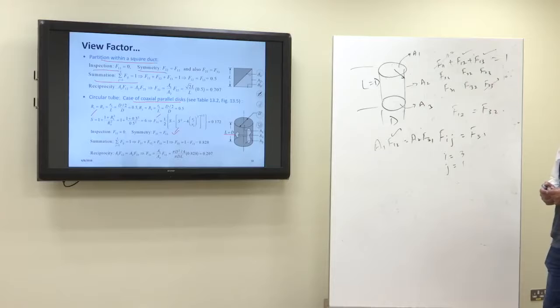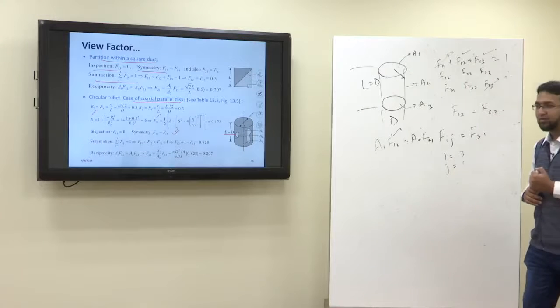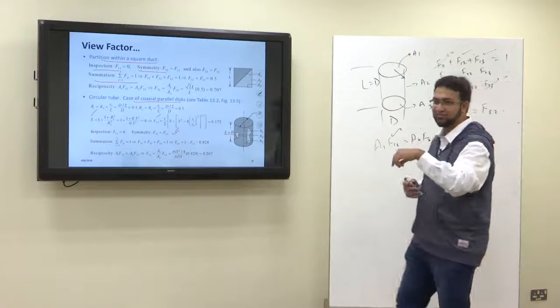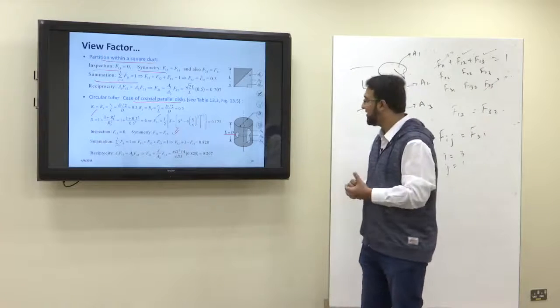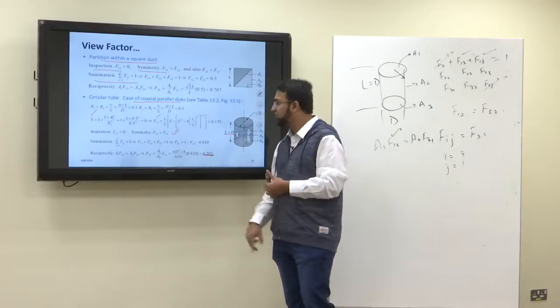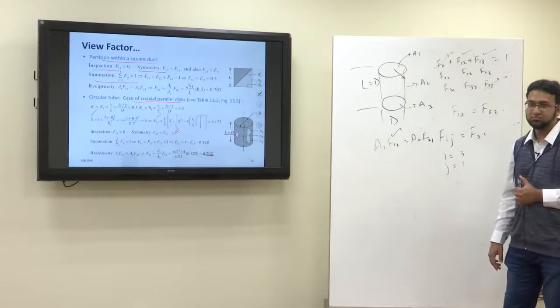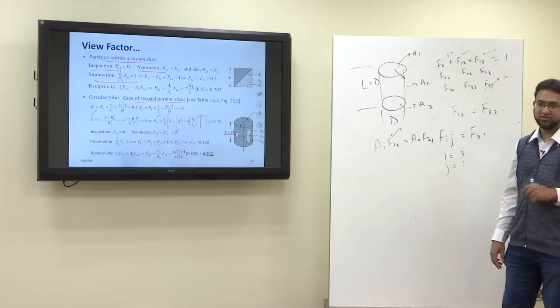Area of the circle, which is pi by 4 d square. What is area 2? It's the surface area of the cylinder, pi d L, but L equals d, so pi d square. If you substitute the values here, you will get F21 and F12. Similarly, you can find all the view factors.